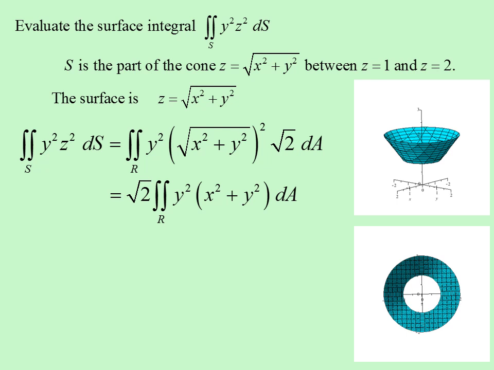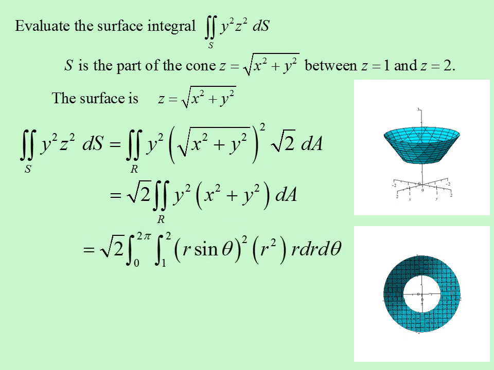So, it looks like that would best be described in polar coordinates. If we use dA in polar coordinates, we need again to insert the r because we're changing to polar coordinates. We change the y into r sine theta. We change the x squared plus y squared into r squared.